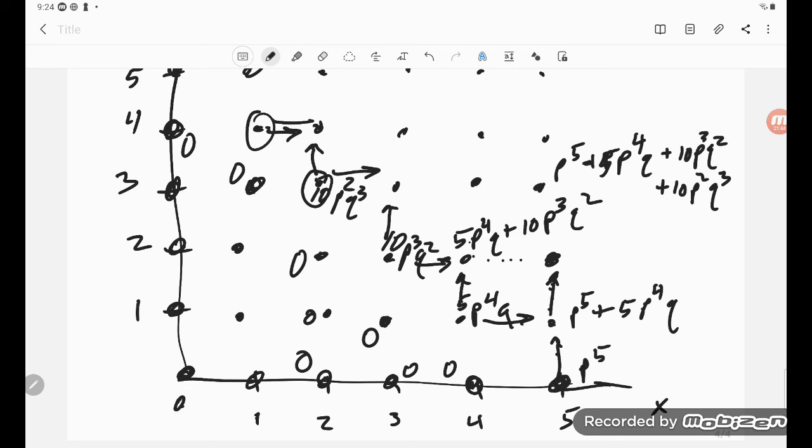So I take that and then add to it not the amount here next to it, but the amount from all the way over to the left, and you see if I do that, I'll get my p to the 5th plus 5p to the 4th q plus 10p cubed q squared.